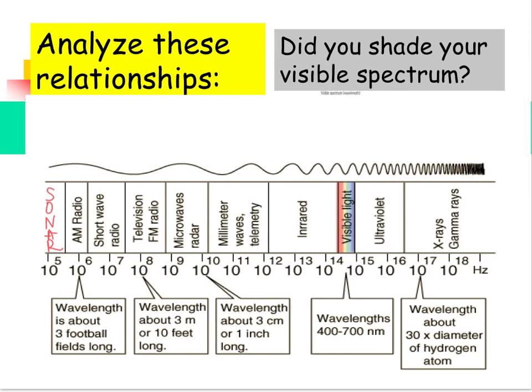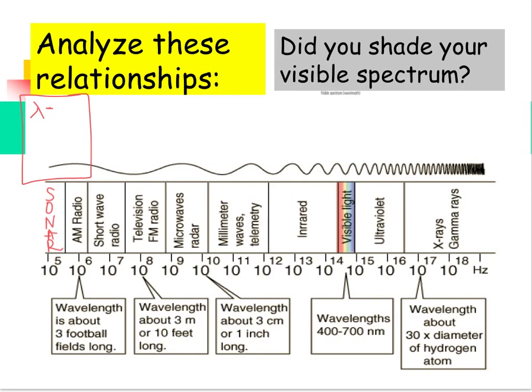So that means over here on the left-hand side, you should have figured out that this little upside down Y looking thing stands for wavelength. It's called a lambda. But you've got one of these in a box on the side of your electromagnetic spectrum, so label it with me.